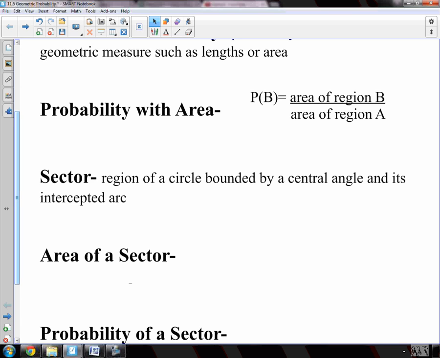Does anyone know what a sector looks like? A sector looks like a slice of pizza. So we have our circle, we have the center, and that is a sector. It's a portion of a circle.